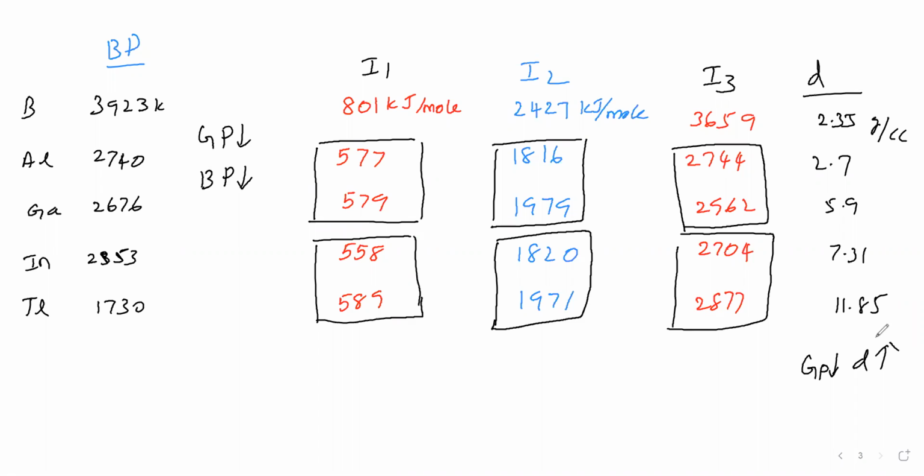Next we will see how to prepare boron. Boron exists in the form of isotopes. What are the isotopes? B10 and B11.